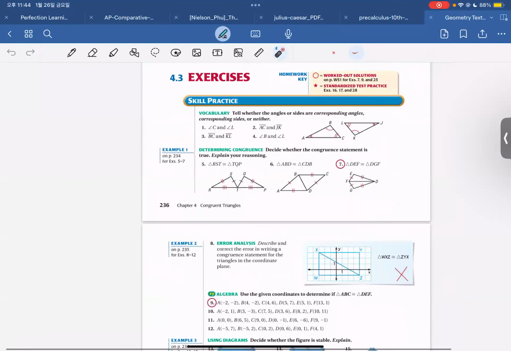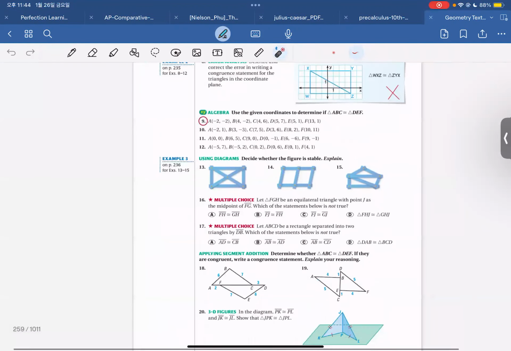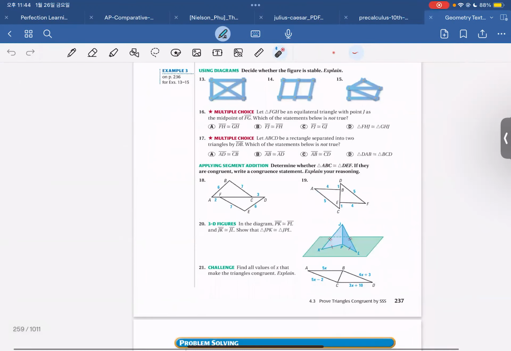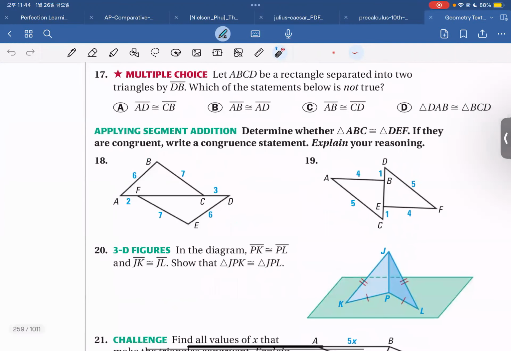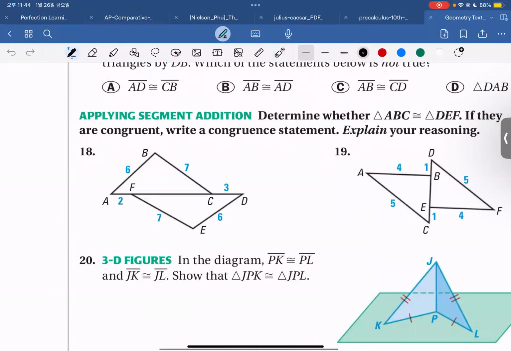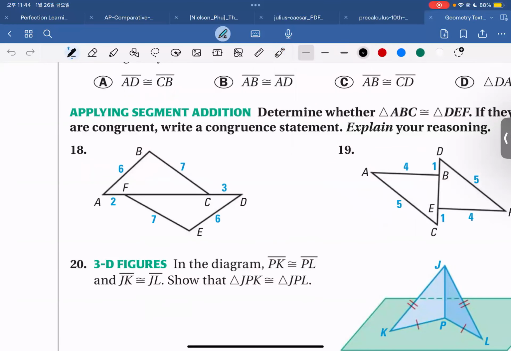I really think that this is pretty self-explanatory, but let's look at, for example, number 18: determine whether ABC is congruent to DEF. If they're congruent, write a congruence statement. Remember that they must have the same sides and they must be corresponding. So if you look at 6, 7, they're corresponding.